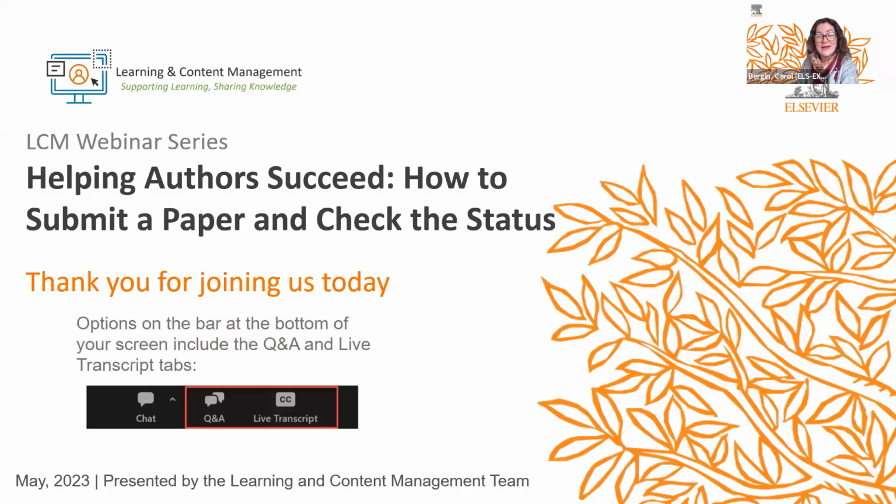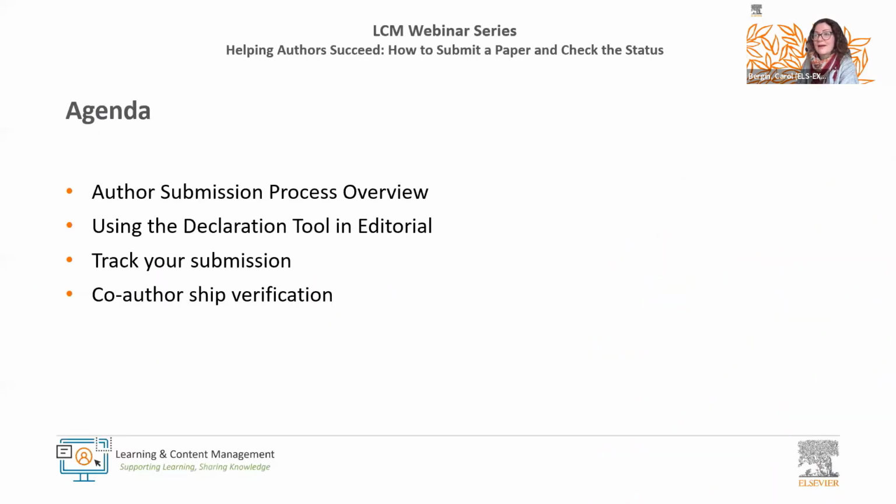Okay, so let's take a look at our agenda for today. Firstly, we will start by giving you an overview of the author's submission process in Editorial Manager. Please note that the steps here may vary depending on journal configuration and the type of article being submitted. We will then have a look at how to use the declaration tool when submitting a manuscript.